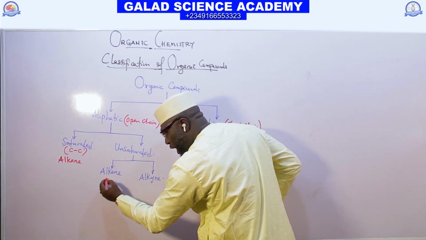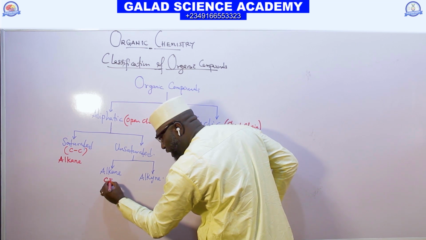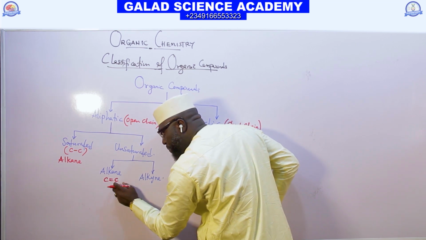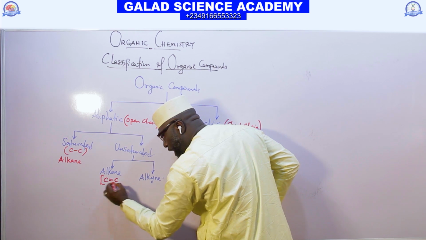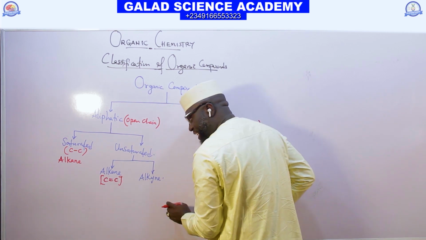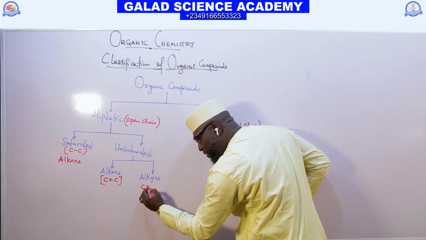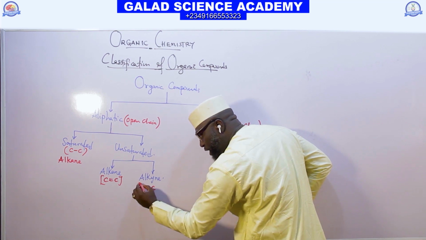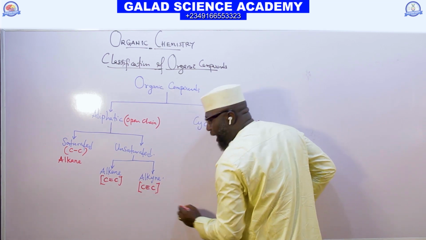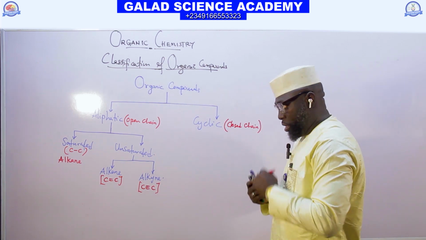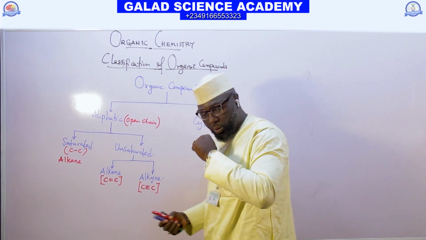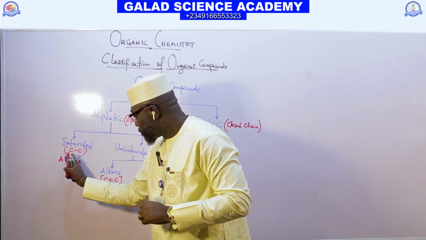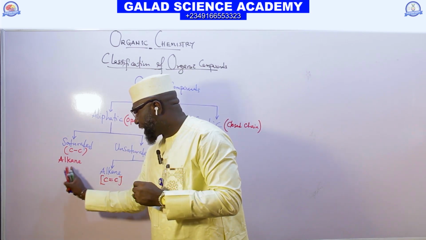A compound that has a carbon double bond belongs to the alkene, and a compound that has a carbon triple bond belongs to the alkyne. But the saturated one is alkane.